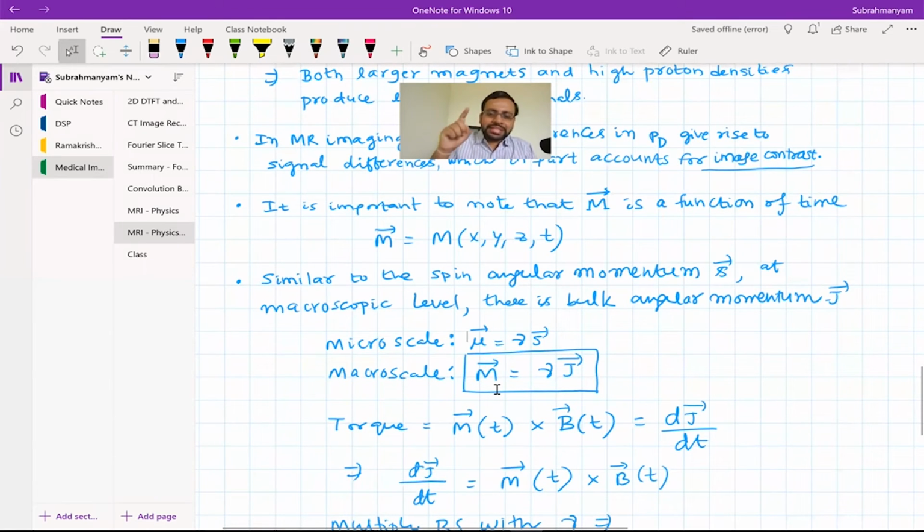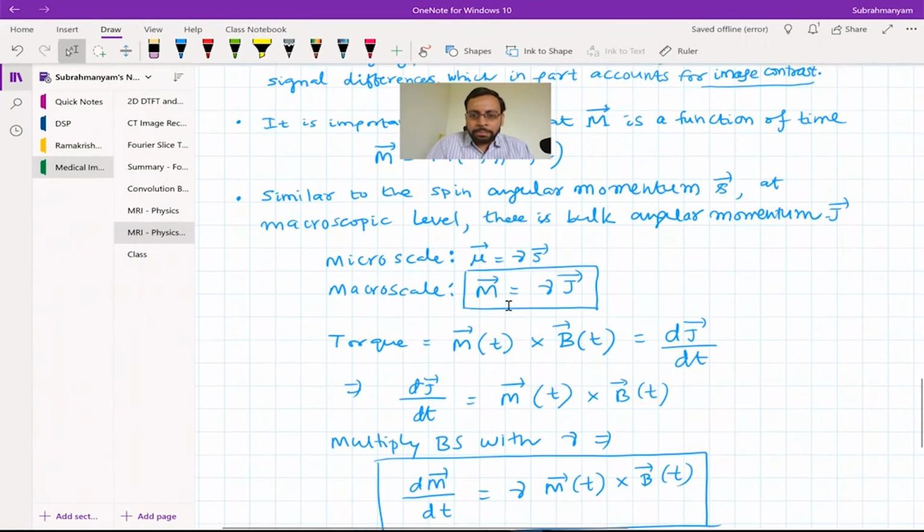Make a note that it's not just a function of x, y, z but also a function of time. So m bar of x, y, z, t is gamma times the angular momentum from classical mechanics, which we are referring to as j bar here. So m bar is gamma times j bar.